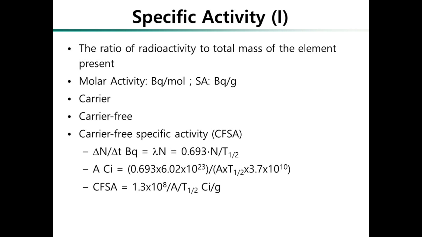You can guess that in this bottle, the water content is 100 ml. Normally 100 ml water means 100 gram. In this water, if the O-15 water is 1 millicurie, that means the specific activity is 1 millicurie per 100 gram, like that.